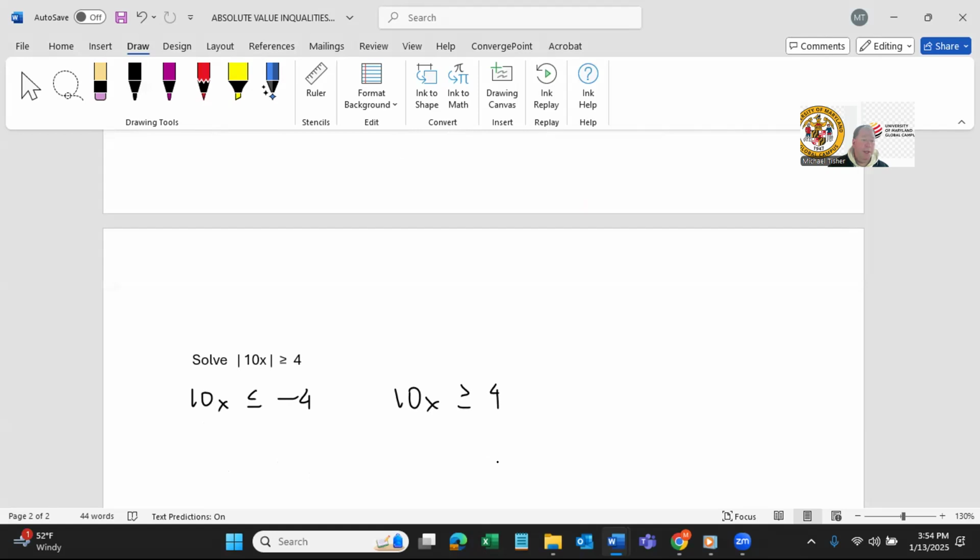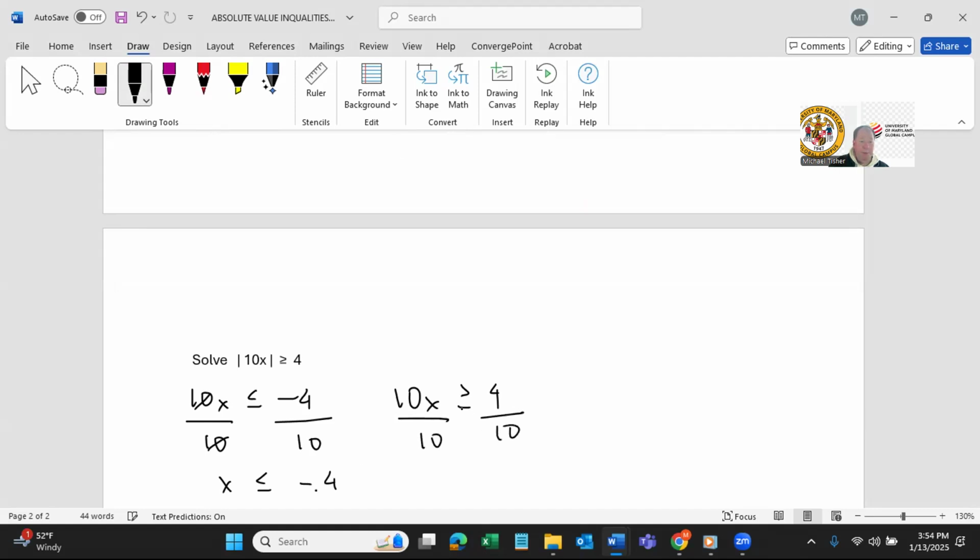All right. And now we'll get the x by itself. So divide both sides by 10. X is less than or equal to, and we can change this to negative 0.4. And then do the same thing here, divide both sides by 10. X is greater than or equal to 0.4.